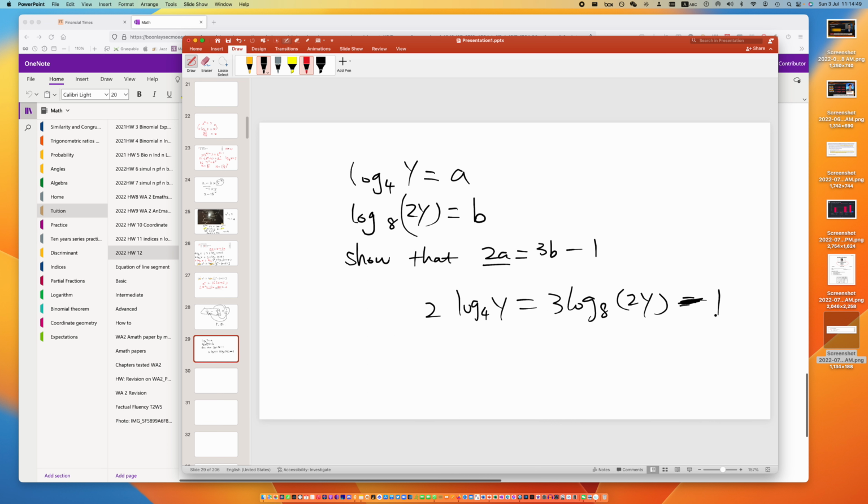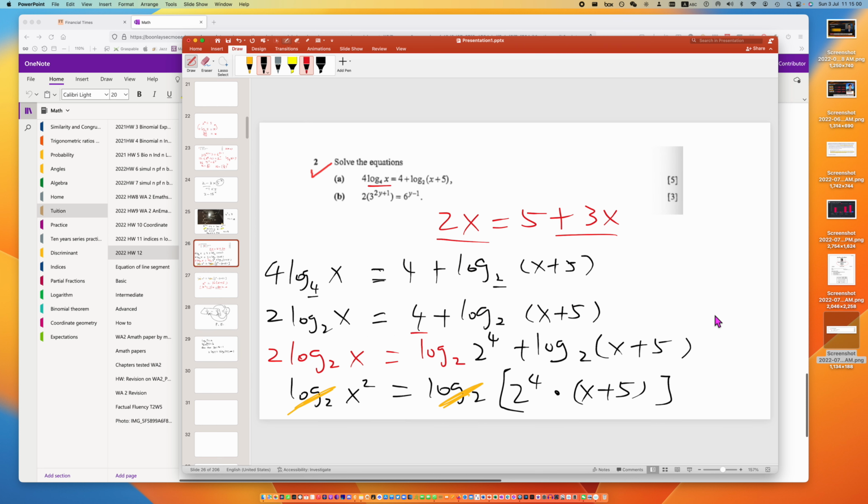So now we show that 2a. Okay. I think we did this question just now. I have a whole number. Just now the whole number is 4, right? In the previous question I got it into log 2 something also. So the 1 you get into log 2 something also.